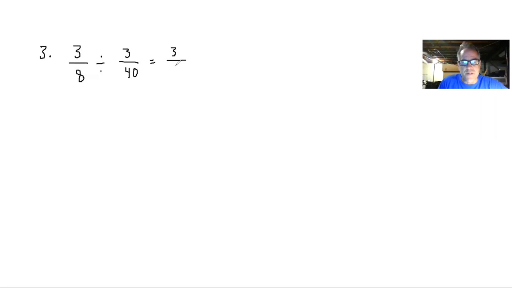So division of fractions becomes 3/8 times 40/3. Here the 3's cancel, top and bottom. That leaves me with 40, because when it cancels, that leaves you a factor of 1 here and here. And that gives me 40/8.